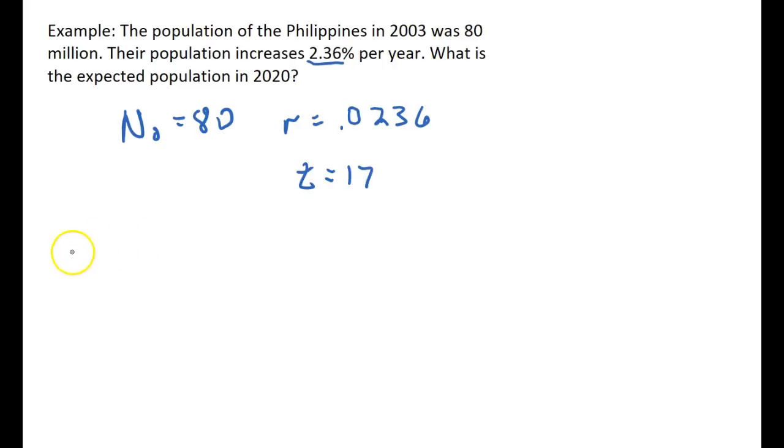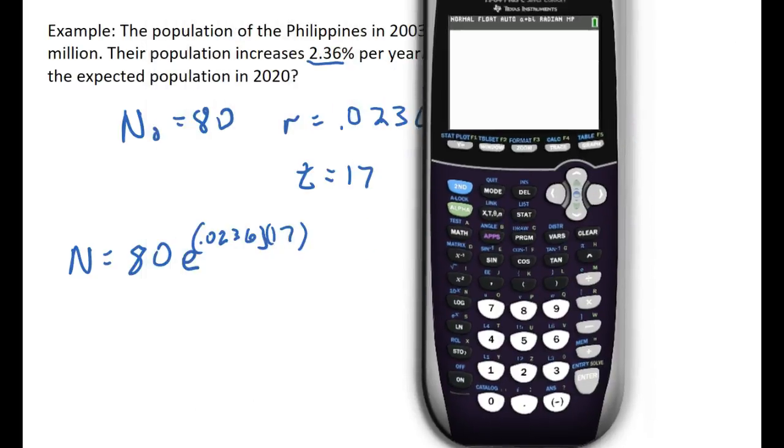So here we go. N equals 80 e to the 0.0236 times 17. And of course, this is a calculator question.